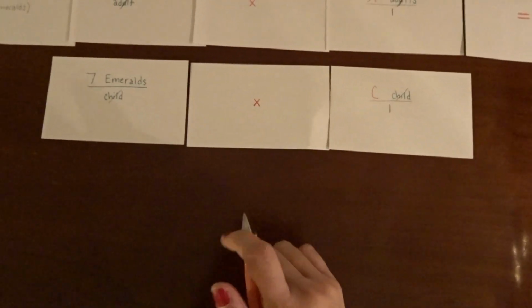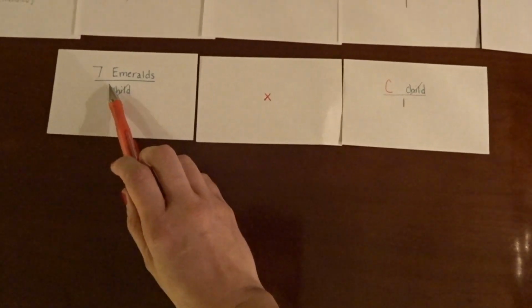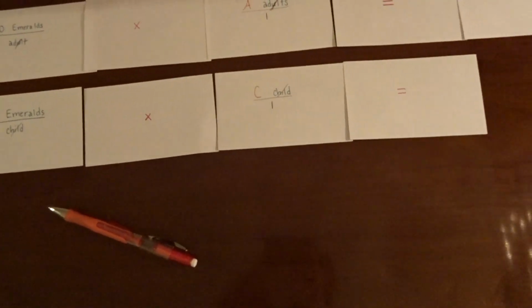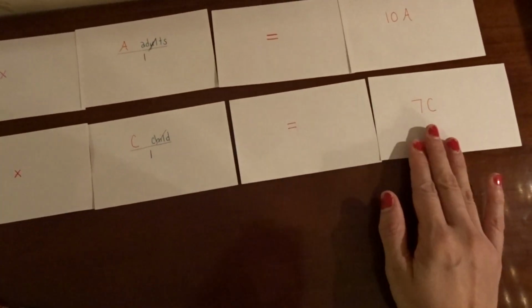And what unit are we left with? We're left with emeralds. So we have 7 times C, which is equal to what? Let's put it together. So 7 times C is equal to 7C.